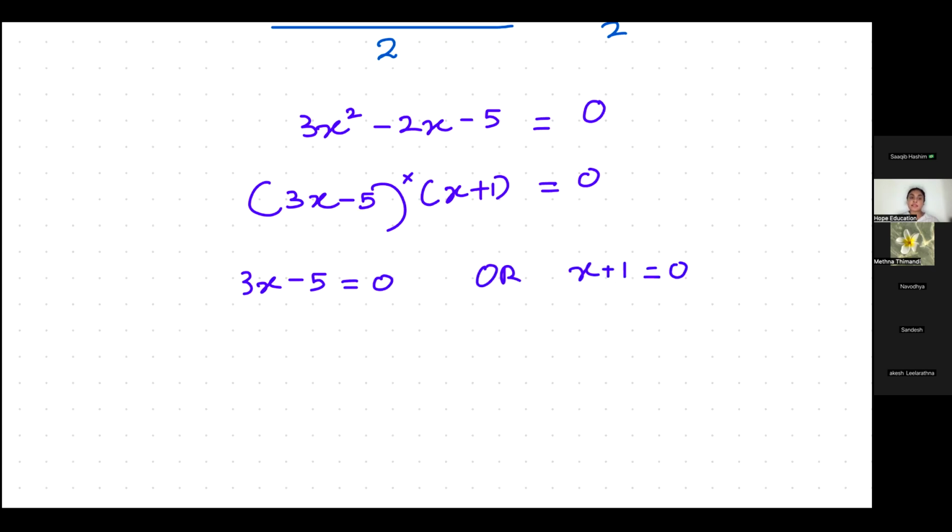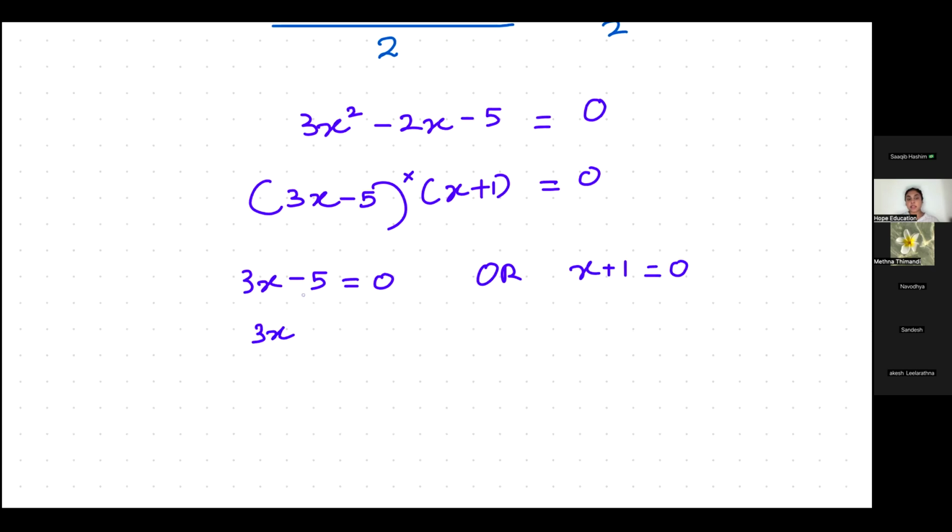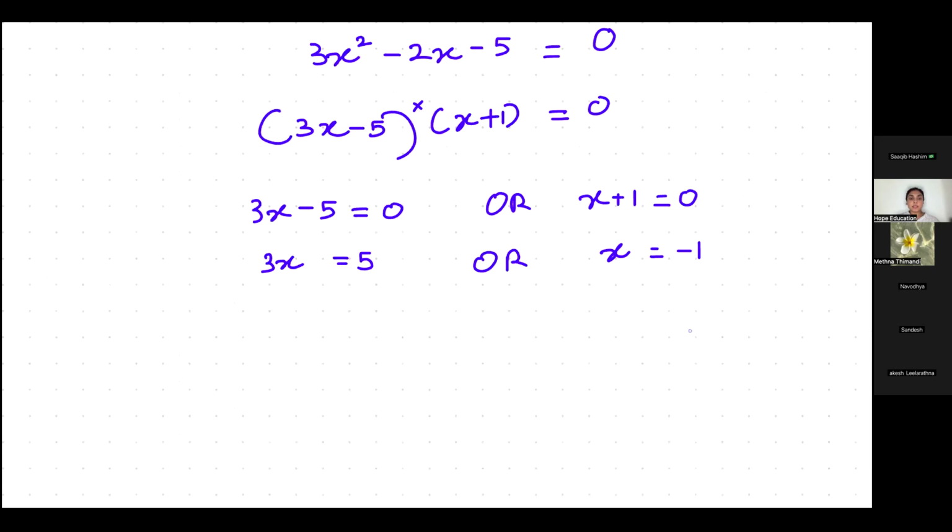So 3x minus 5, when we bring it to the other side, becomes plus 5. Or x plus 1, when you bring it to the other side, becomes minus 1. Then here divide both sides by 3. We get x equals 5 over 3 or x equals minus 1.